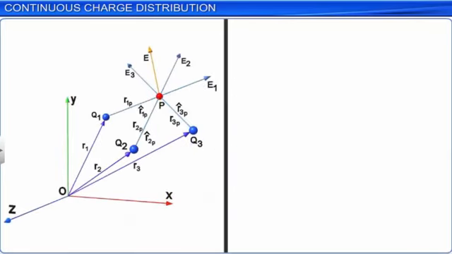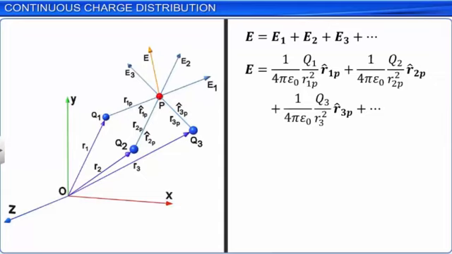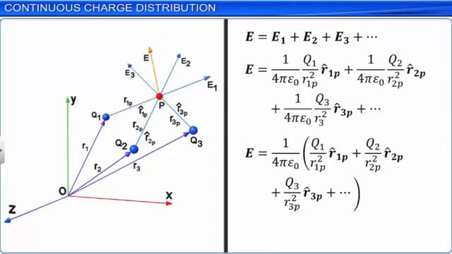The net electric field strength E at the point P will be equal to the vectorial sum of all the electric field strengths E1, E2, E3 and so on. Therefore, E is equal to 1 by 4 pi epsilon naught into Q1 by R1P square into R1P cap plus Q2 by R2P square into R2P cap plus Q3 by R3P square into R3P cap, and so on.